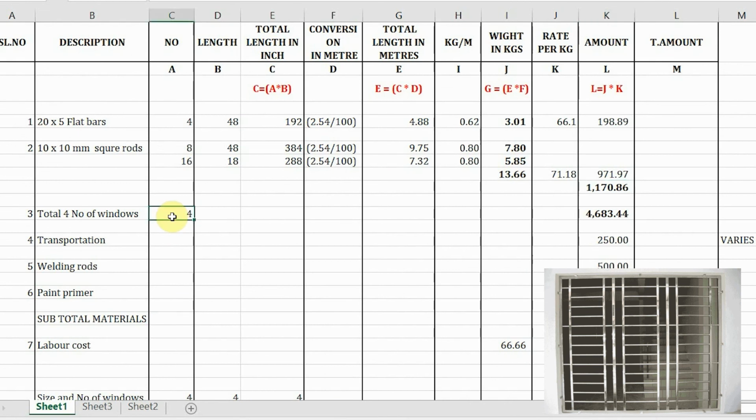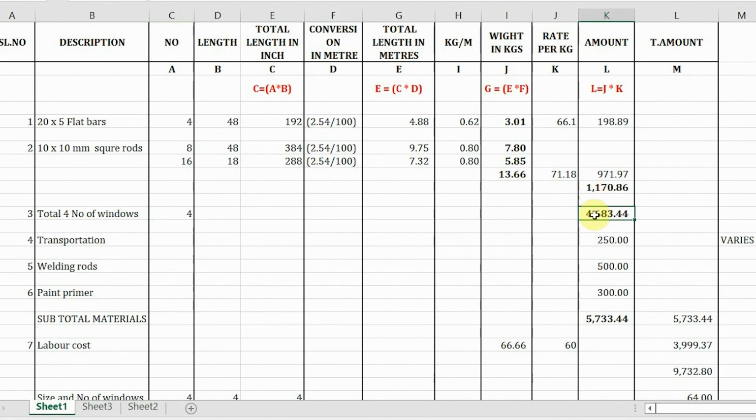Same 4 numbers I take, so 4 into 1170 is equal to 4683 rupees required for the materials to purchase 4 windows of 4 feet by 4 feet, or 48 inches by 48 inches.